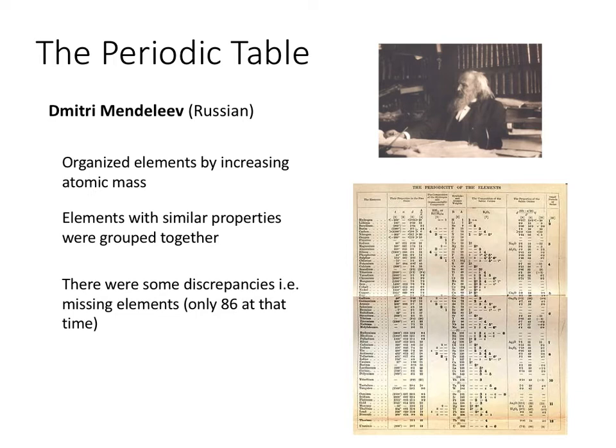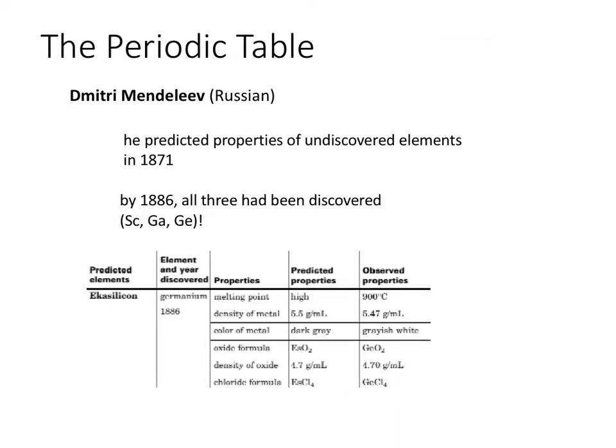Okay, and because of his organization, he was able to see that, hey, there's probably some elements that we haven't discovered yet. So he predicted the properties of the undiscovered elements, and basically, 10, 15 years later, all three of the elements that he expected to be present on his table were discovered.